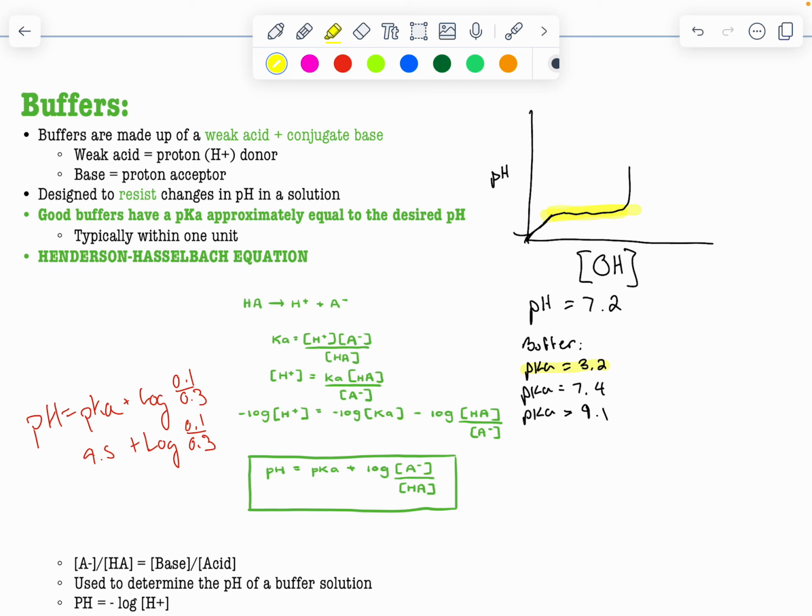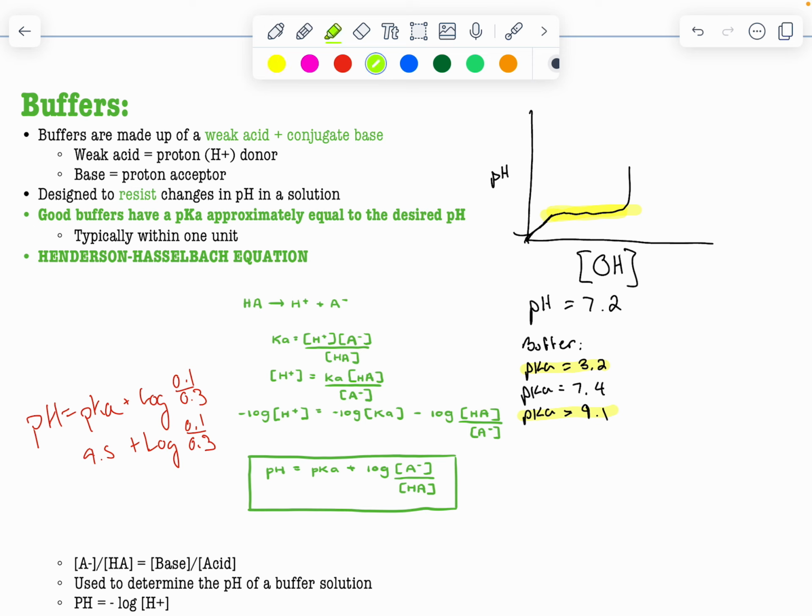And then let's say we want to do a pKa of 9.1. Well, that buffer has a higher pH, representing that it is a lot more basic. And again, look at how much of a difference there is between 9.1 and 7.2. We have to add a decent more base to that solution to hike up that pH so it will operate efficiently, because we have to get that pH up around 9.1 for that buffer to start kicking in and operating pretty well.